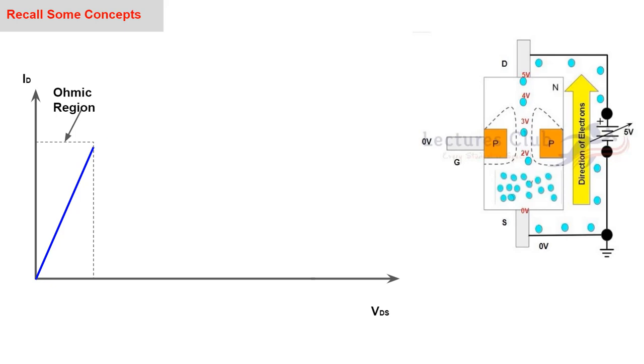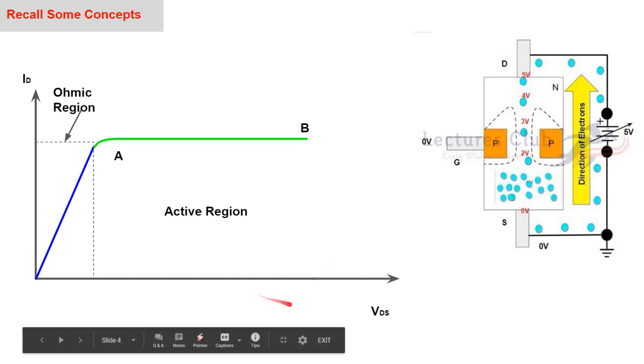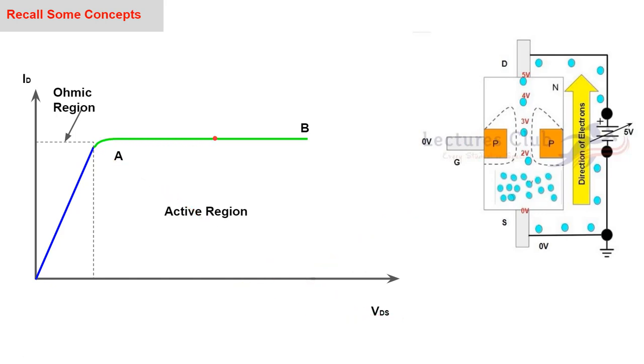So a point will be reached where, when you further increase the drain to source voltage, the drain current will not increase, or it will become constant, because these two depletion layers have come so close to each other.